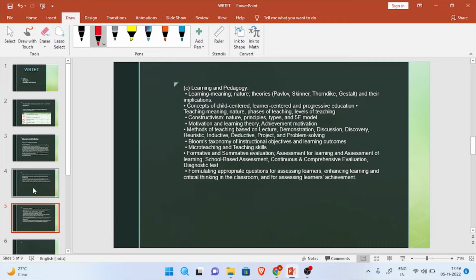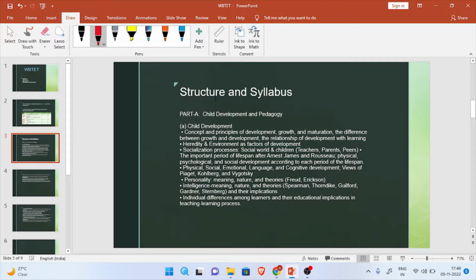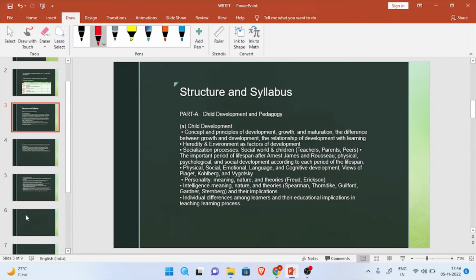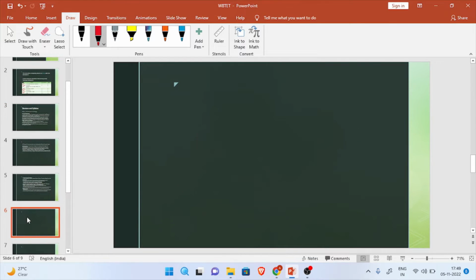Today, I will be talking about child development, and I will be talking about development, growth and the difference between growth and development. So, development first.